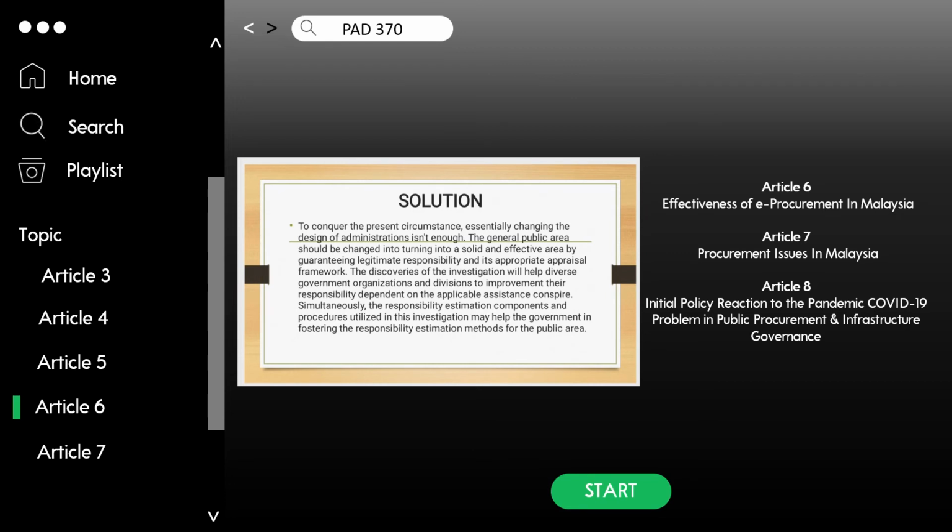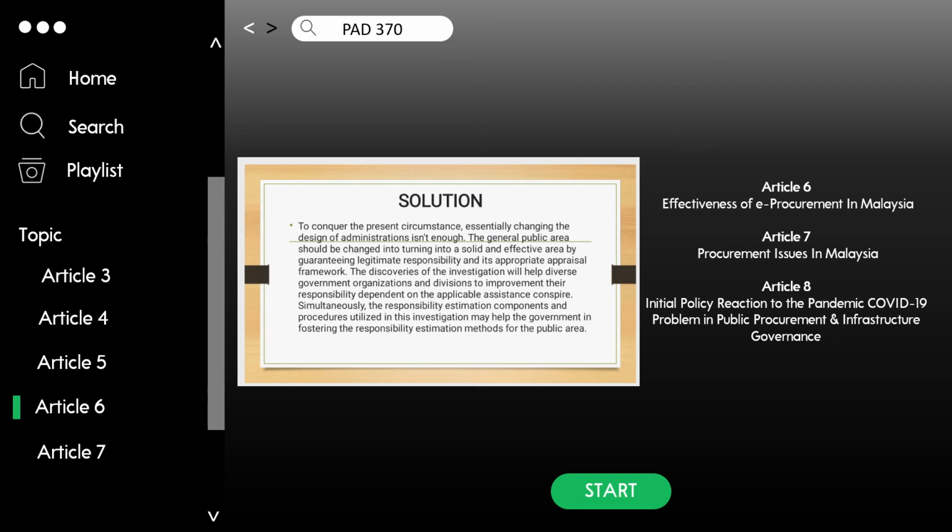So, for the solution that they make, to conquer the present circumstances, essentially changing the design of administrations isn't enough. The general public sector should be changed into a solid and effective sector by guaranteeing proper accountability and its appropriate assessment framework.